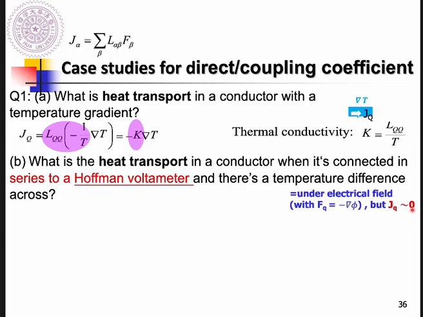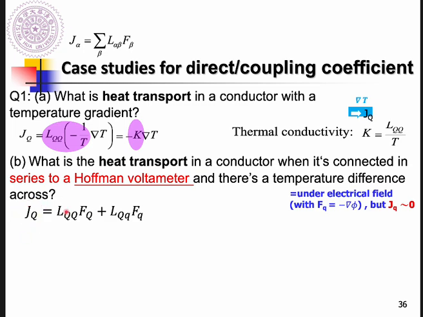So based on this idea, I will write down the equations, because we have two driving forces, right? We have the temperature gradient and the electrical potential gradient. So you need to write down the relationship for the two fluxes.